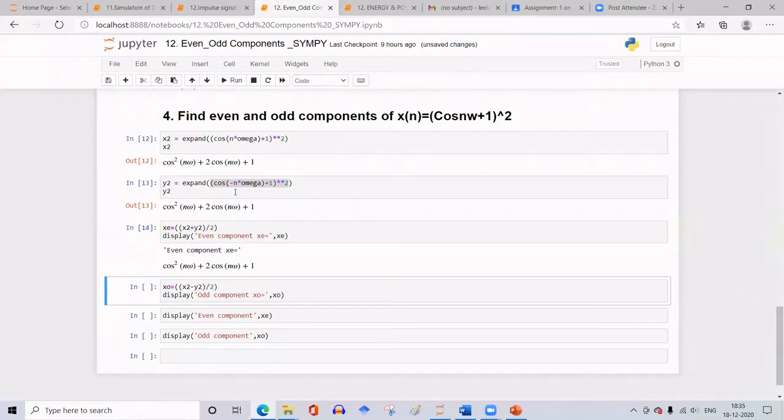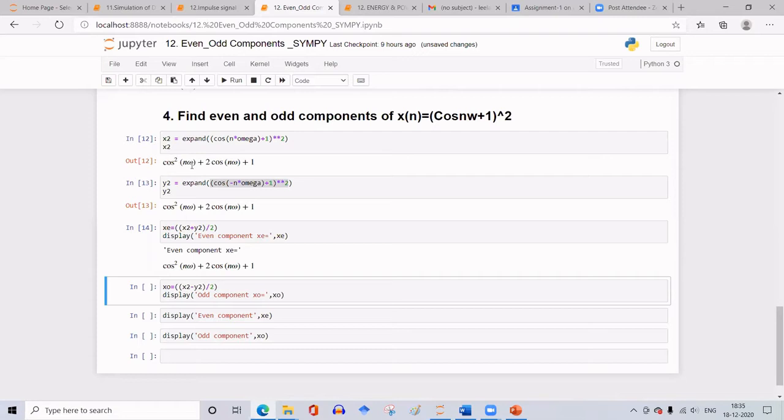Since all the terms are same, you get 2 times cos square n omega plus 4 times cos n omega plus 2. When I divide by 2, I get the same thing, cos square n omega plus 2 cos n omega plus 1. So what about odd component? Zero, ma'am. 0. Looking into the signal itself, you can say that it doesn't have an odd component because cos is an even function.